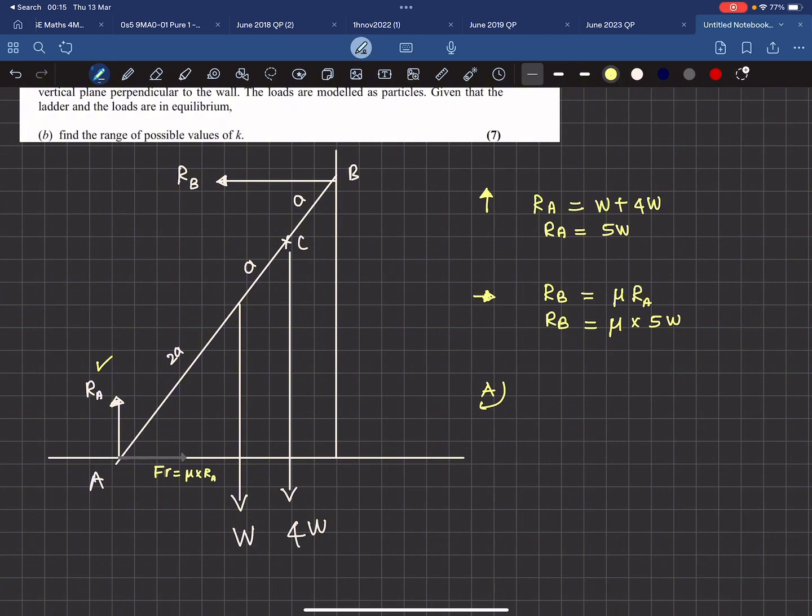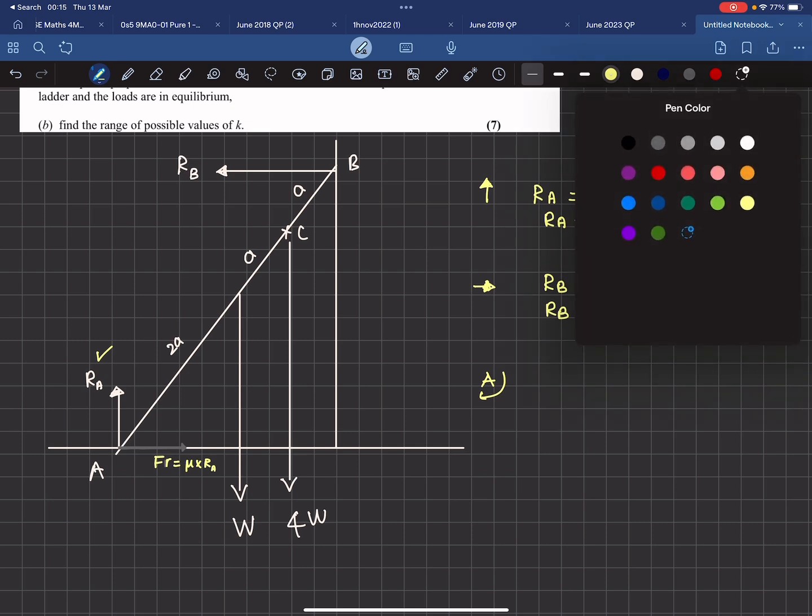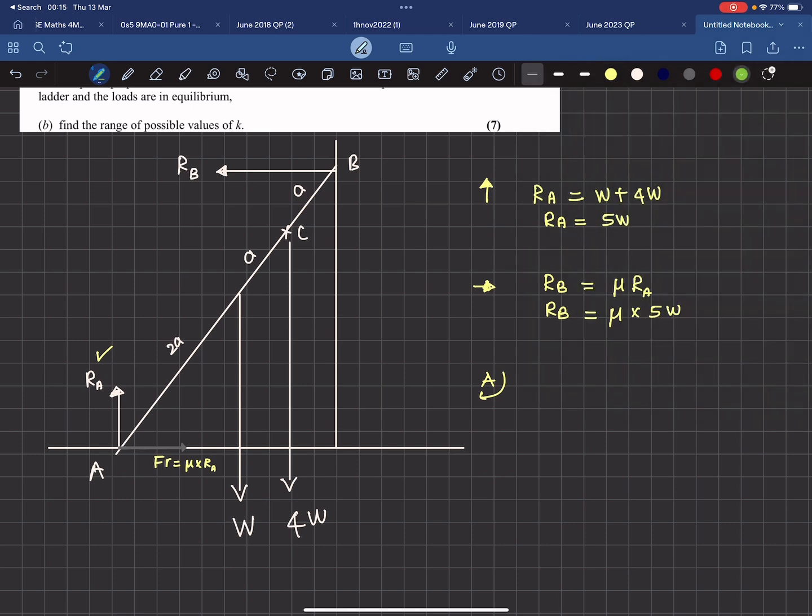Now I'm going to do moments. Now, when I do moments, what you need to think is that every force has to be converted perpendicular to the rod. I'm saying that again, that all forces must be converted perpendicular to the rod. So if I'm doing moments about A, I don't need to worry about what's happening at A. There's two forces there.